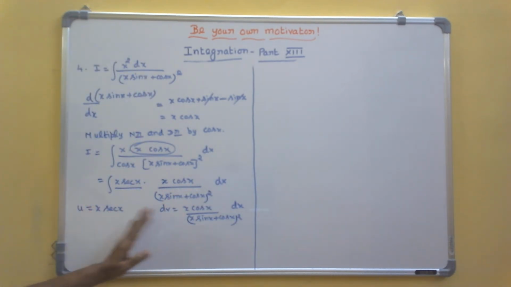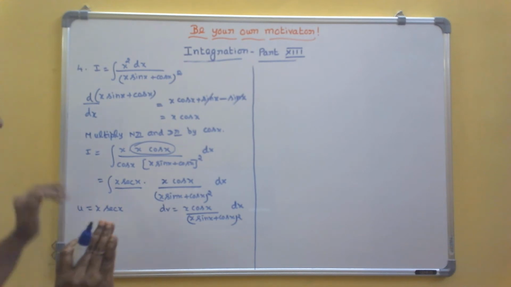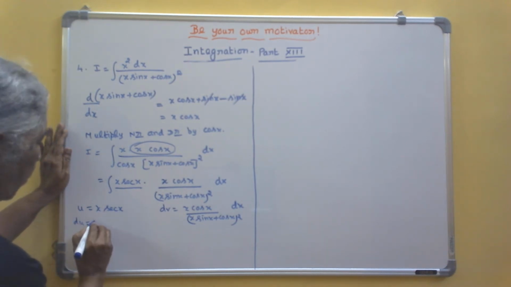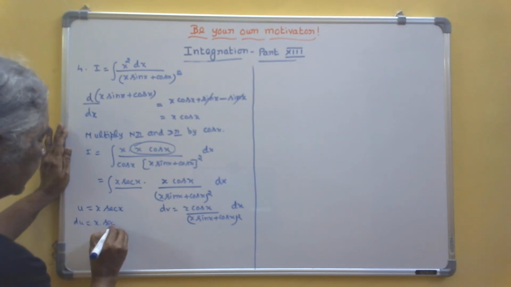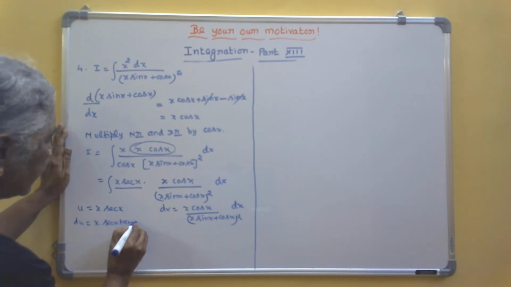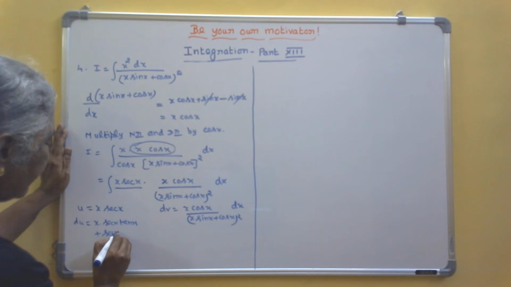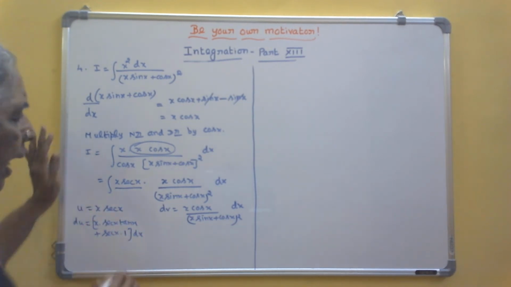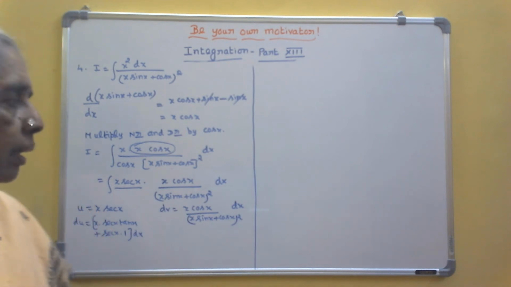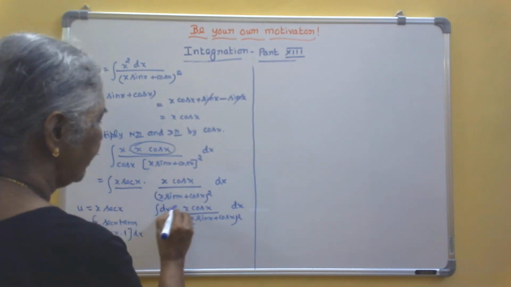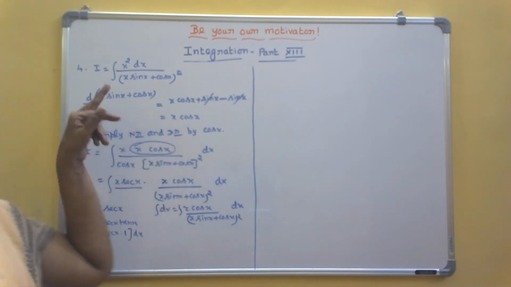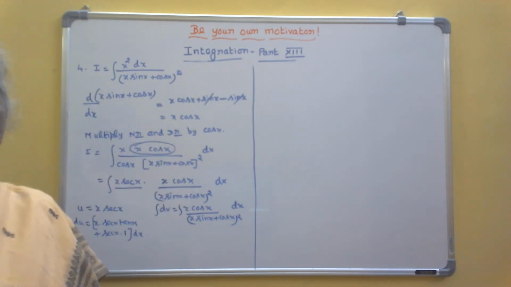So now the u dv becomes our I. Now I am going to differentiate it, du, product rule: x into secant x tan x plus secant x into 1. Then I will have a dx here. That will be my du. Coming to the integration here, I have to use substitution. For that only we found out what the derivative is, right?